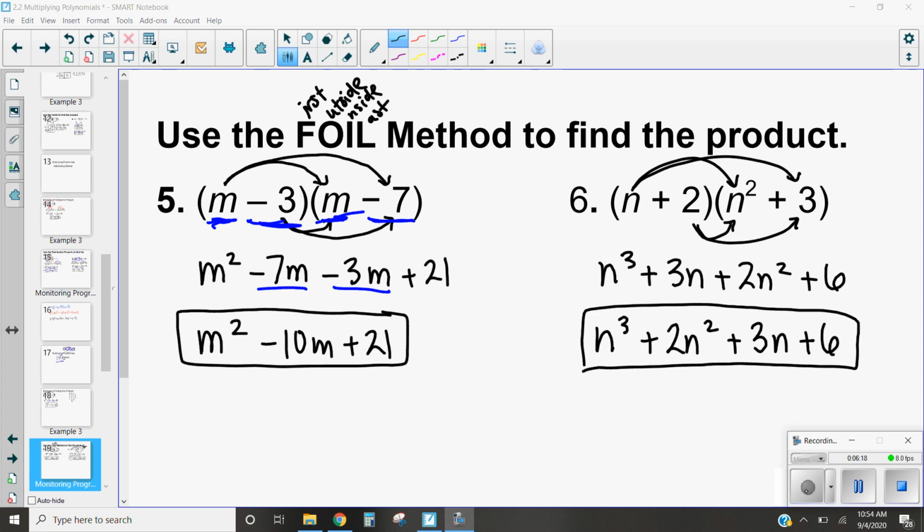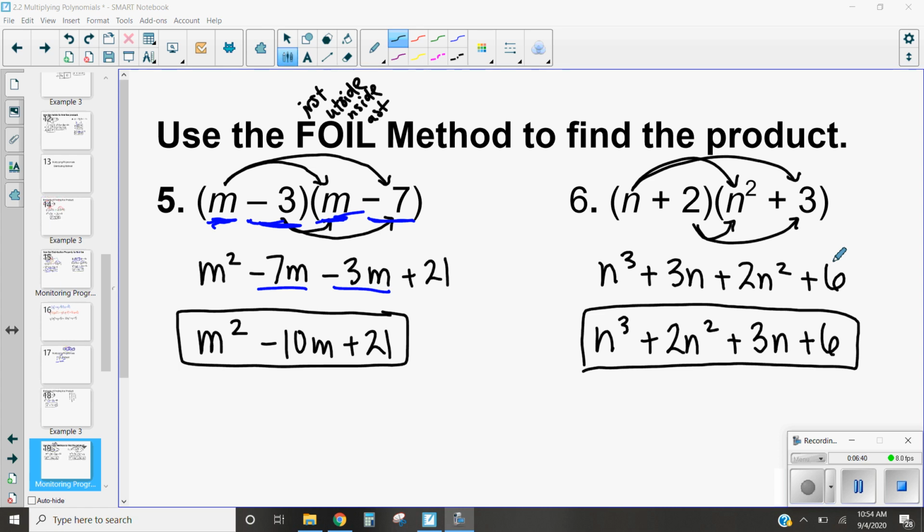Okay, welcome back. So again, we used this FOIL method on number 6. I drew my arrows. So first, outside, inside, last. I multiplied my numbers. N times n squared is n cubed. 3 times n is 3n. 2 times n squared is 2n squared. And 2 times 3 is 6. So here we are with our numbers there. Now, I did not have any terms that were like.